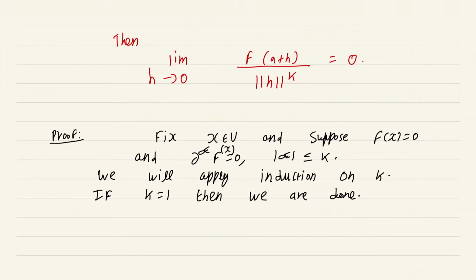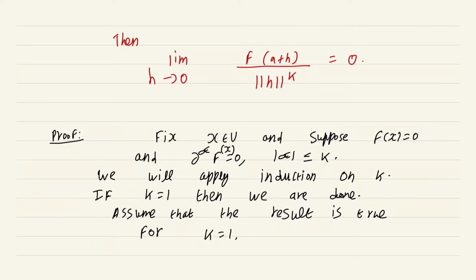Okay, assume that the result is true for k equal to 1, 2, dot dot dot, m minus 1.